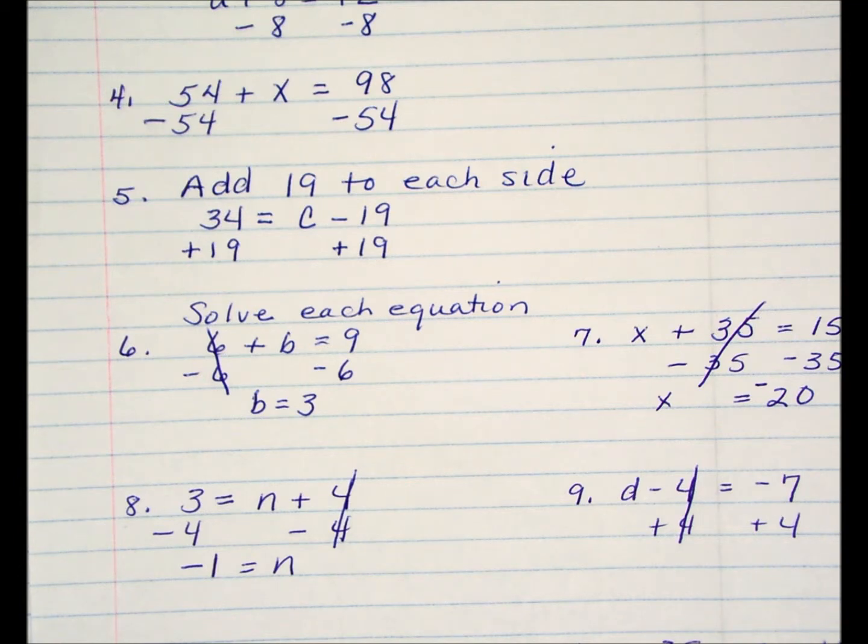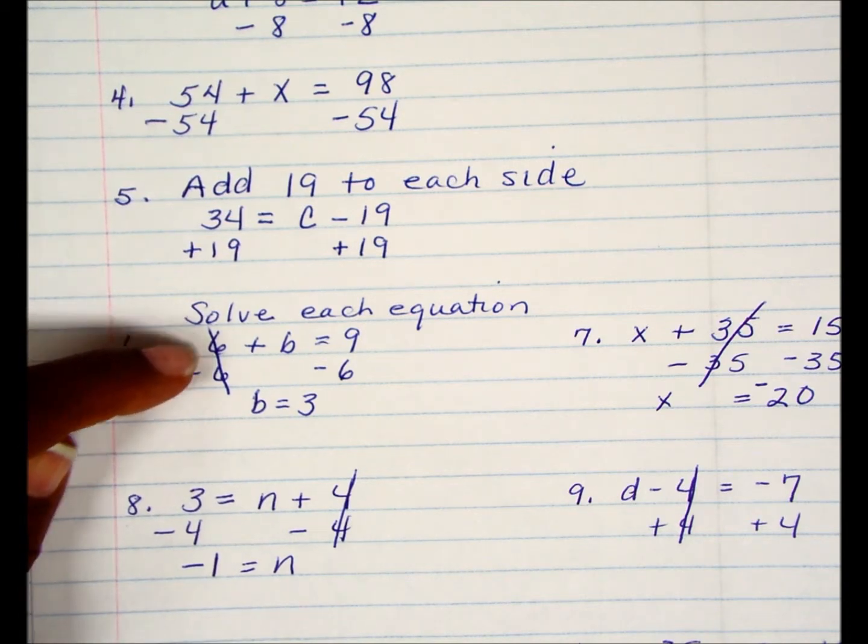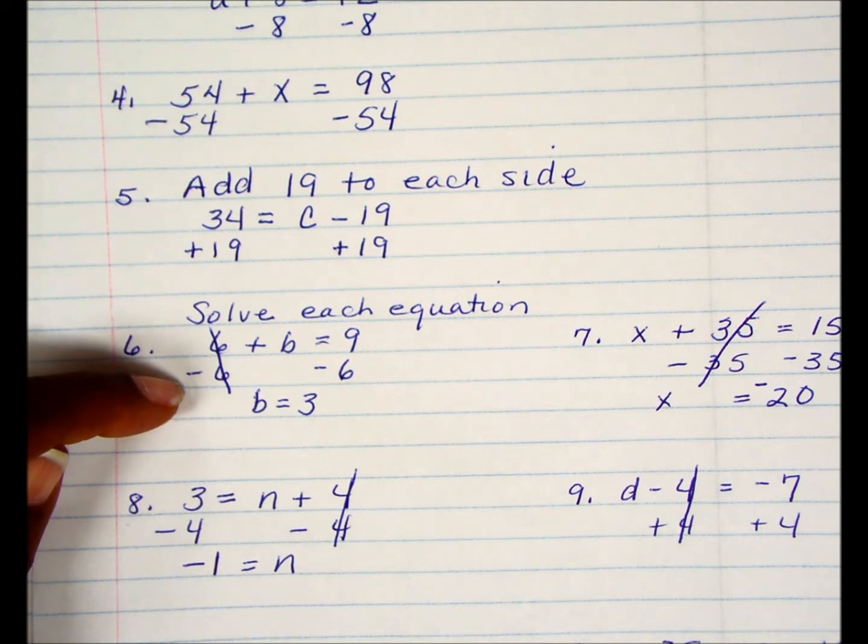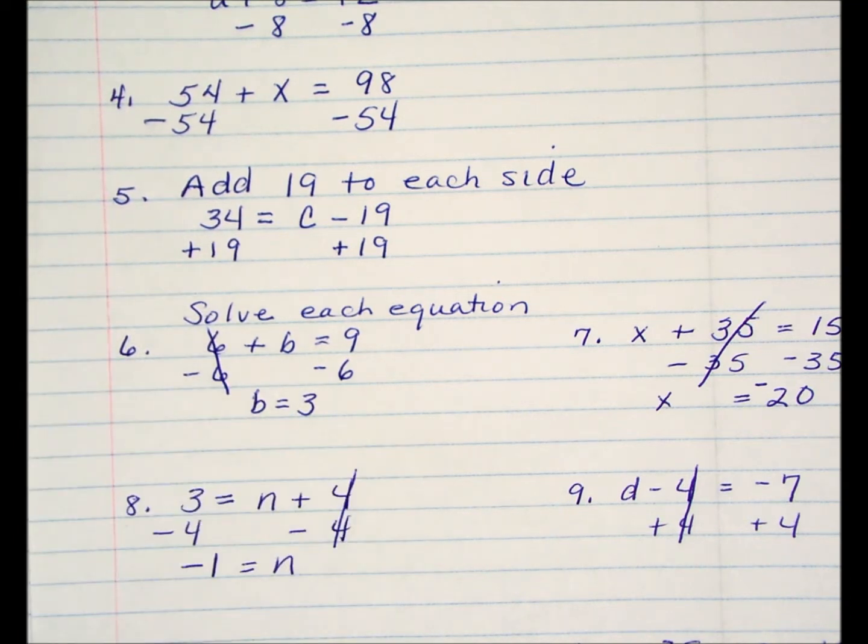In the next part, it asks you to solve each equation. And so you have to remember, of course, to do the inverse operation, or inverse what is there. So this started with a positive 6, so we did negative 6 to both sides and got b is equal to 3.